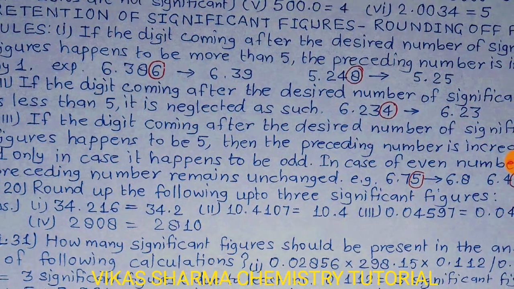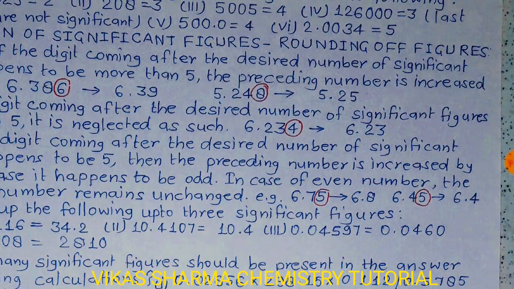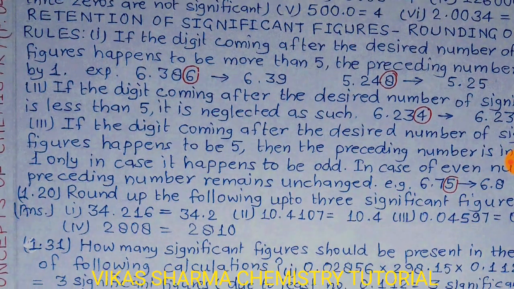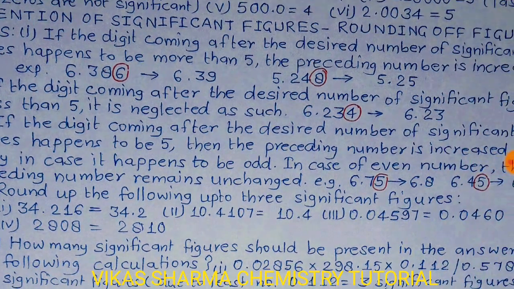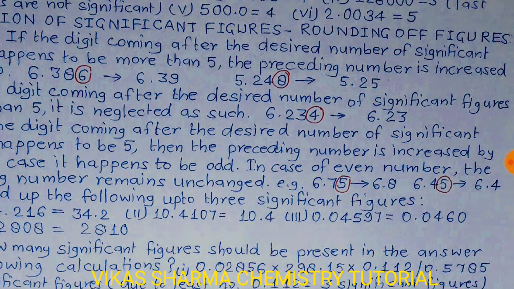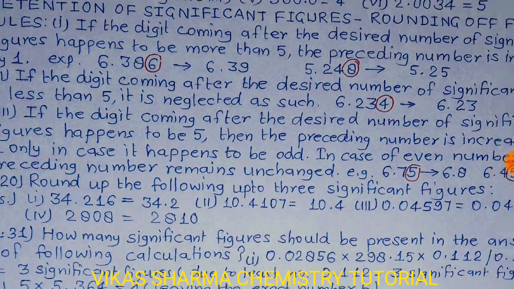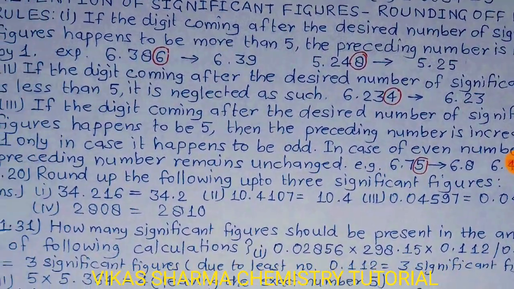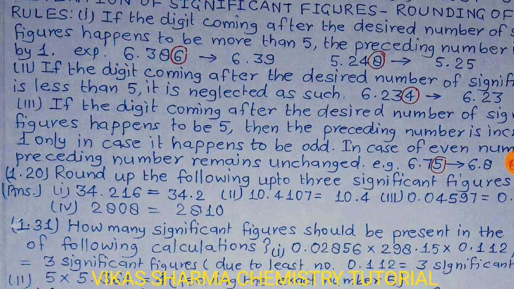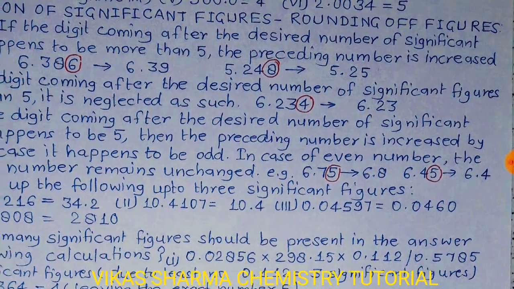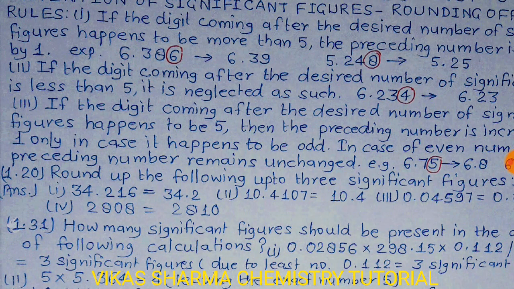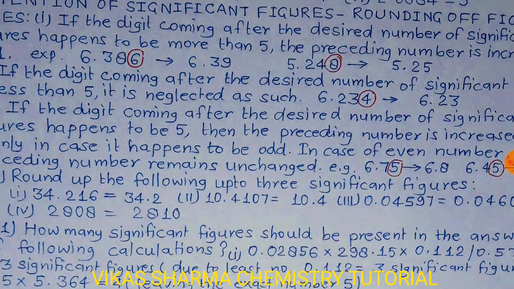Second rule: if the digit coming after the desired number of significant figures is less than 5, it is neglected as such. 6.234, 4 is smaller than 5, so this is 6.23. In the third rule, if the digit coming after the desired number of significant figures happens to be 5, then the preceding number is increased by 1 only in case it happens to be odd.